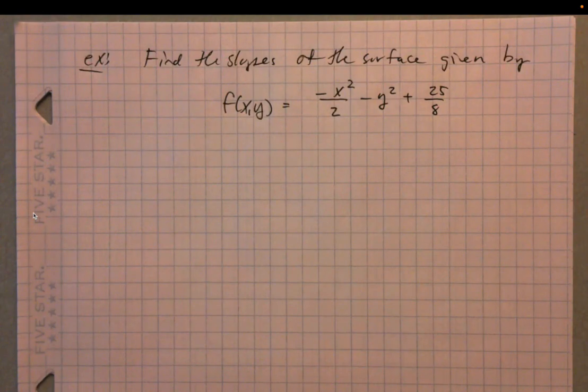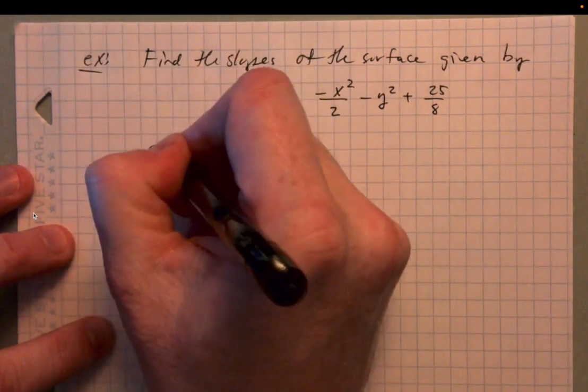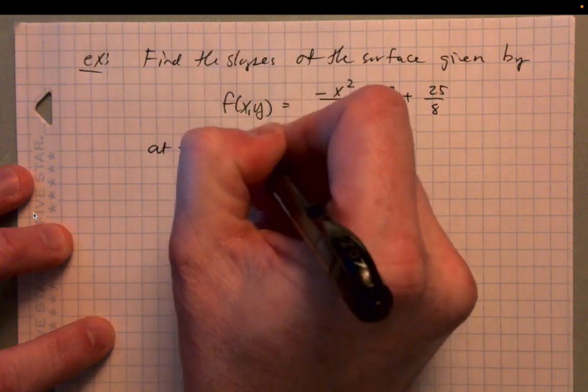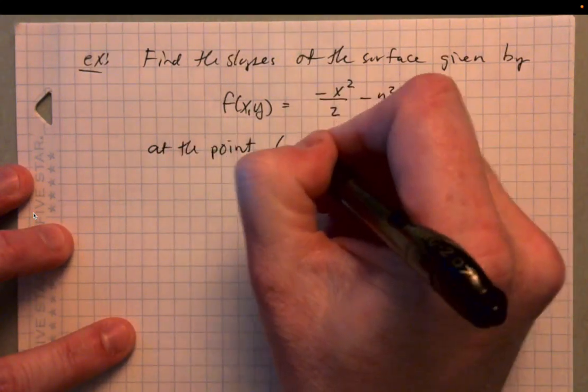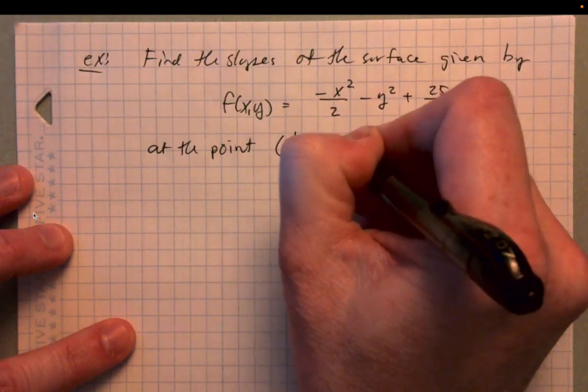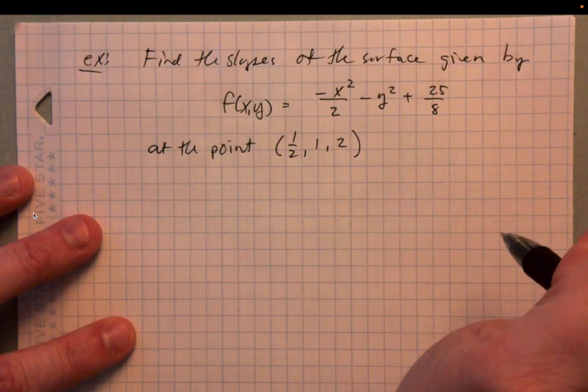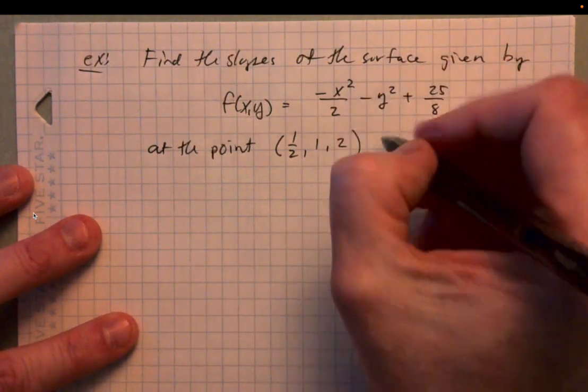Okay, so find the slopes of the surface given by this function at the point 1/2 comma 1 comma 2. And we want to know the slope in the x direction and in the y direction.